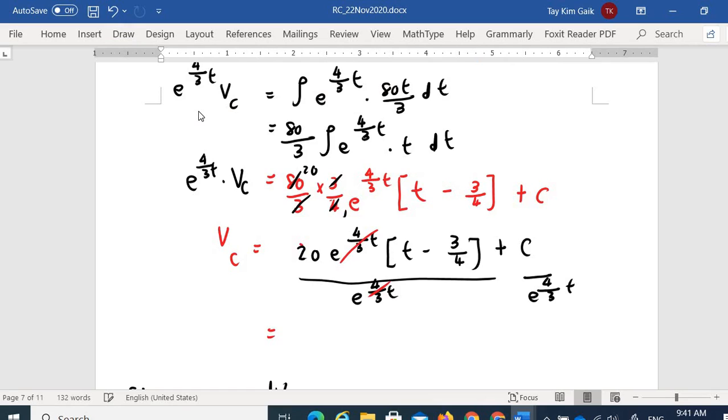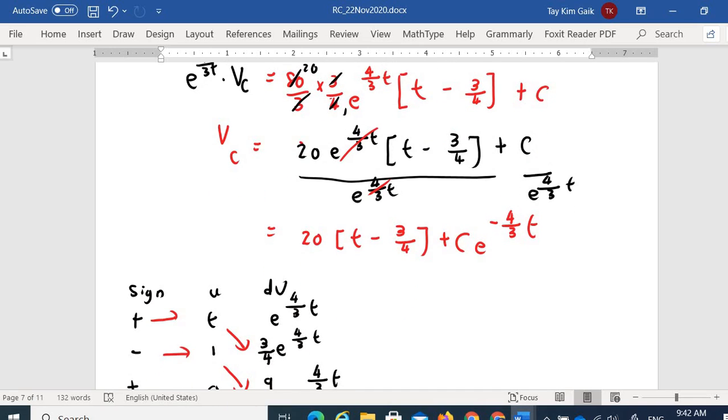Then you get the result: VC is 20 times t minus 3 over 4, plus C, times exponent negative 4 over 3t. So this is the general solution.